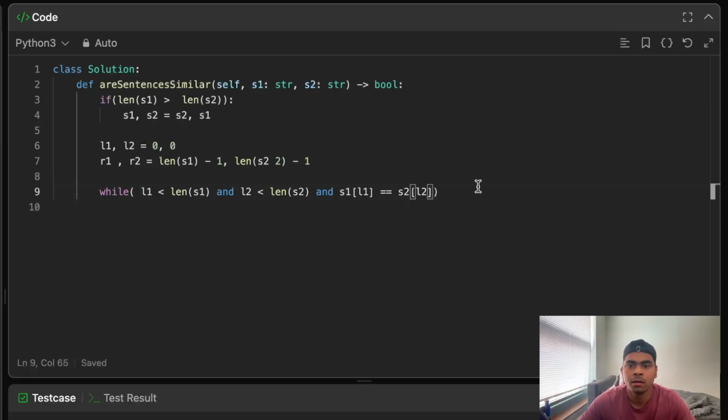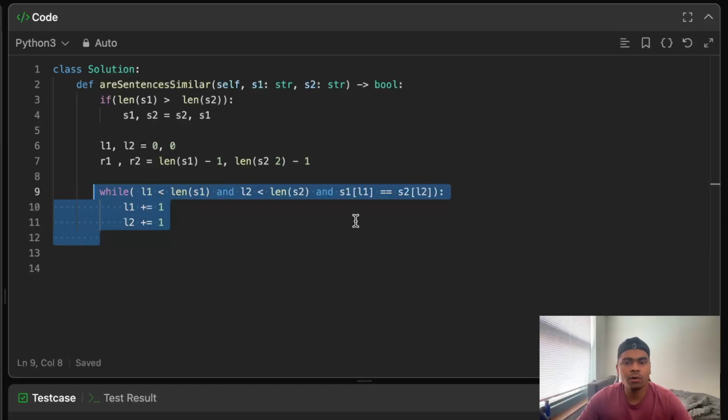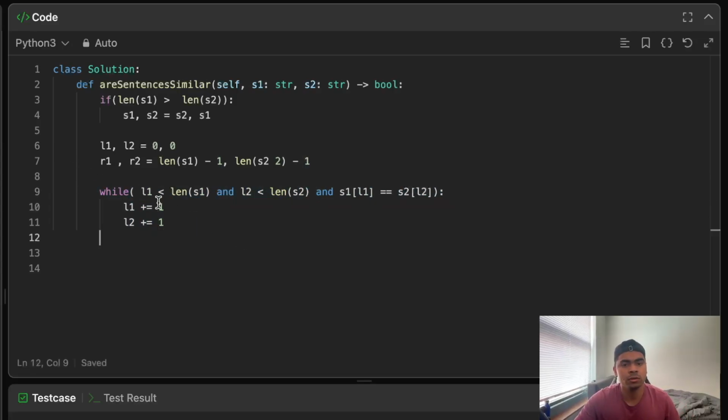Okay, if this is the case, I want to increment my L1 and increment my L2 by 1. Now this will only break out if either we ended up seeing the entire S1 in the beginning of S2, or we stopped seeing these words as equal.